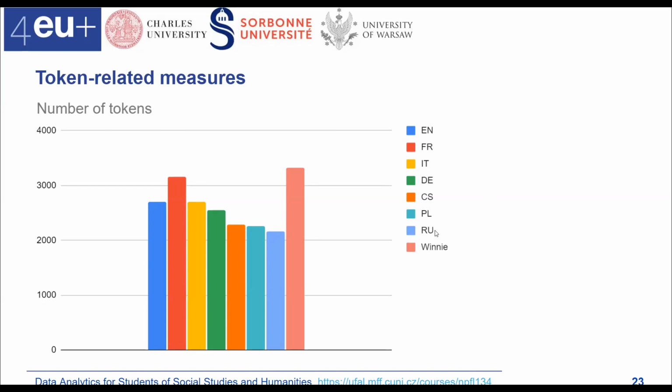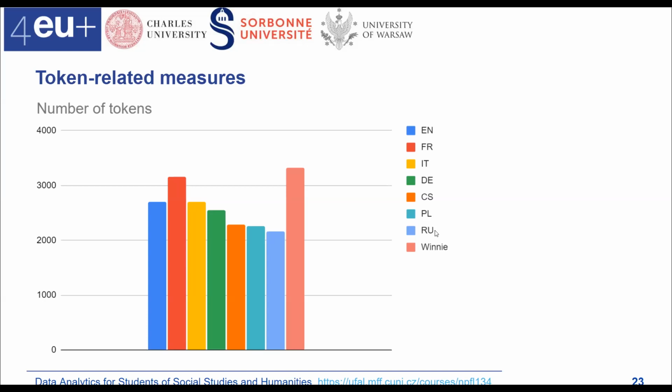And how we arrived at the Russian language is that we used a translation tool. So I translated the English version by using a machine translation tool that is available at the UFAL, the Institute of Formal and Applied Linguistics.